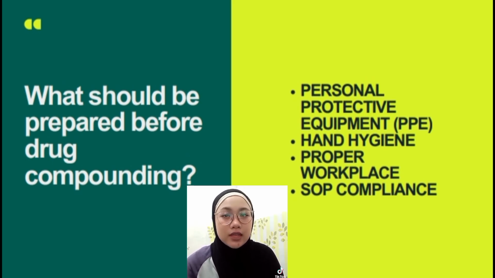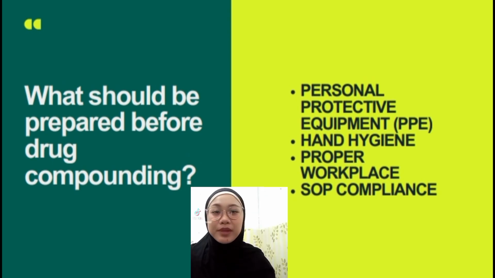The next is hand hygiene. Even though we use gloves, we still need to wash our hands with antiseptic or soap before drug compounding. Why is this important? Because wearing gloves does not guarantee that our hands are completely free from germs and bacteria. The next thing to prepare is a proper workplace.